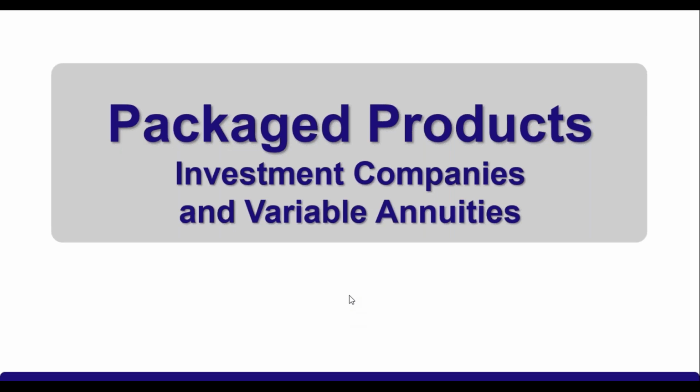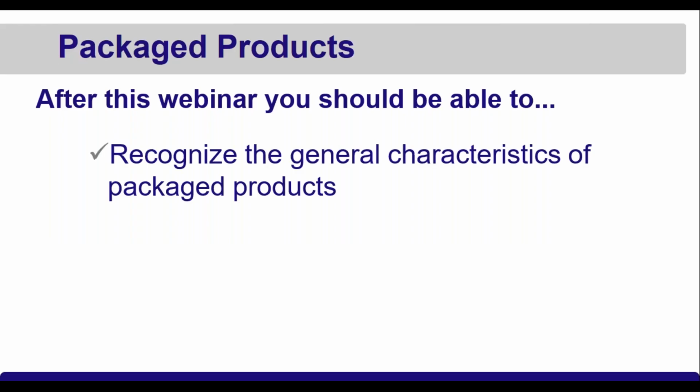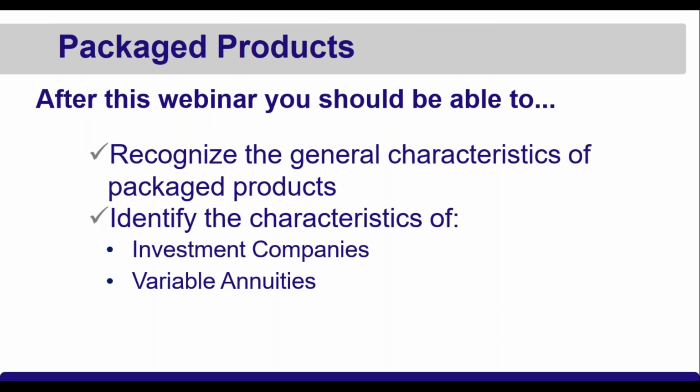As I mentioned, the topic for today will be investment companies and variable annuities, and it is our goal today that after this webinar, you should be able to recognize the general characteristics of packaged products and be able to identify the characteristics of investment companies and variable annuities.